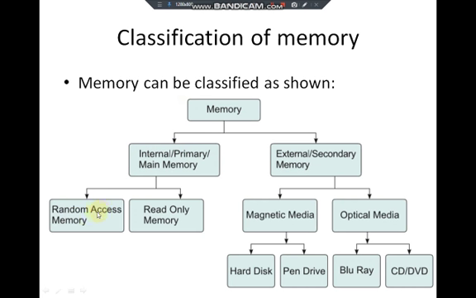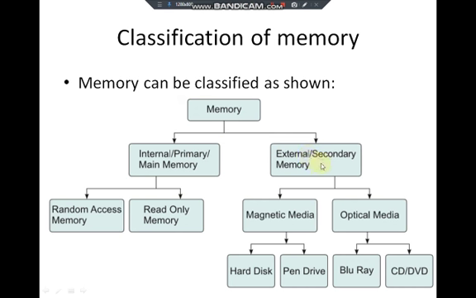So here we have a chart explaining the classification of the memory. Here the memory is broadly divided into two parts, that is internal memory and external memory. The internal memory is further divided into two, that is RAM, random access memory, and ROM, read only memory.